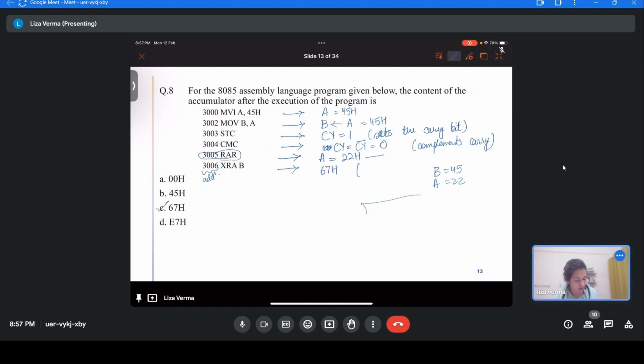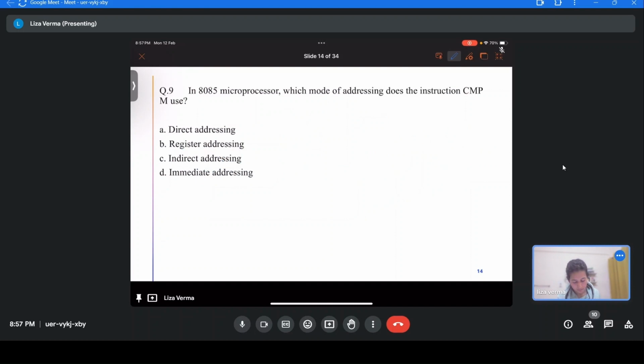I've just told you this is A XOR B. Next question. In 8085, which addressing mode does CMP M use? Is it direct addressing mode? No, it can't be, because M is used here.